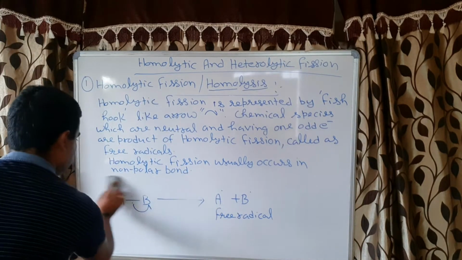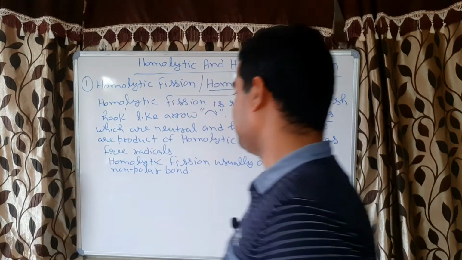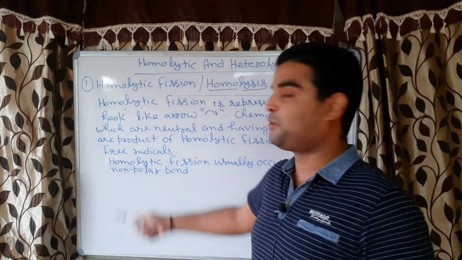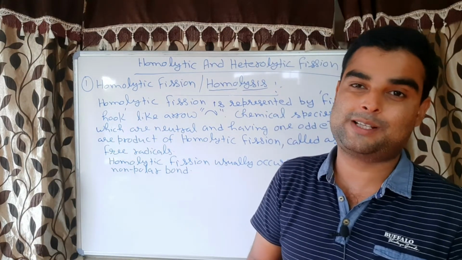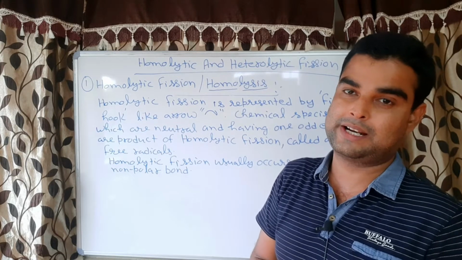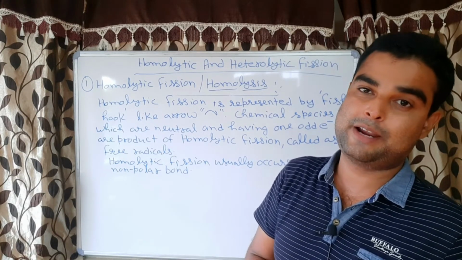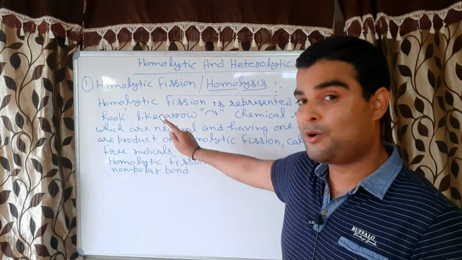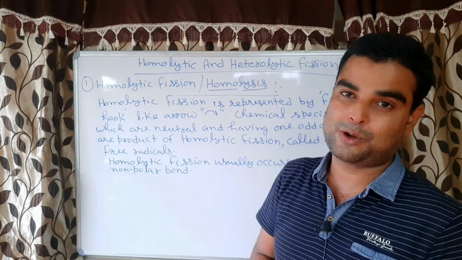Now this I am erasing. Now you can see here I told you non-polar bond. Now non-polar bond is always favored by non-polar solvent, and polar bond is always favored by polar solvent. It means the homolytic fission is favored by non-polar solvent.